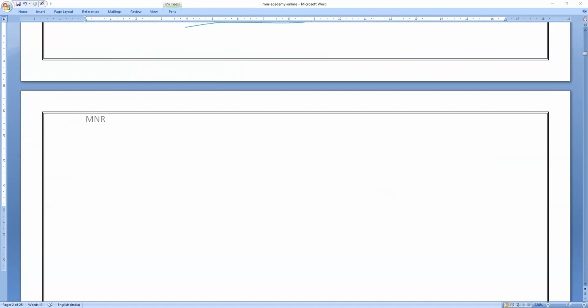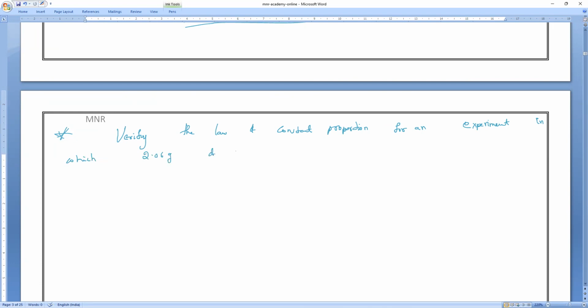So next, question number 3. Verify the law of constant proportion for an experiment in which 2.06 grams of copper forms 2.576 grams of copper oxide.